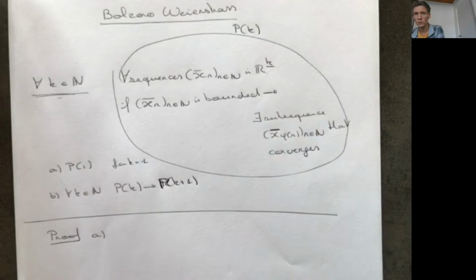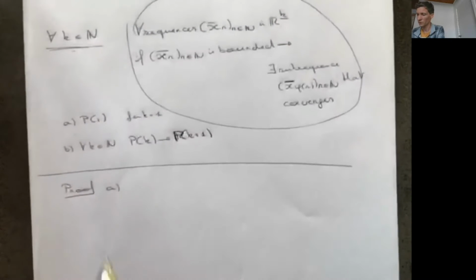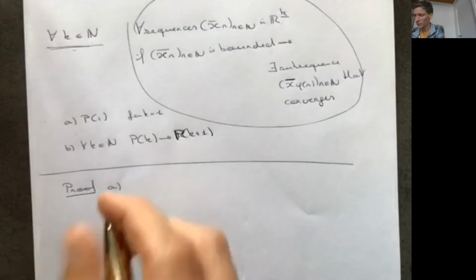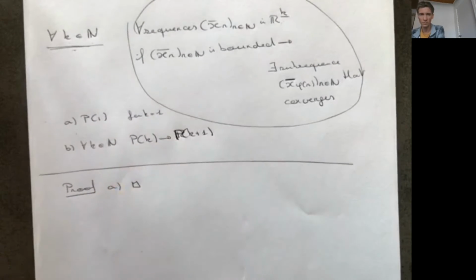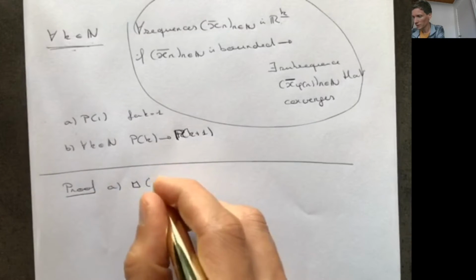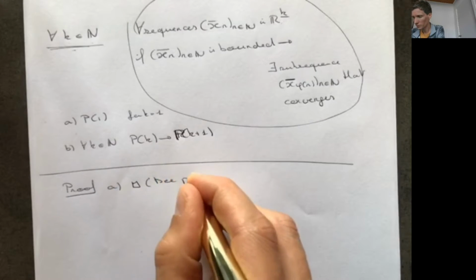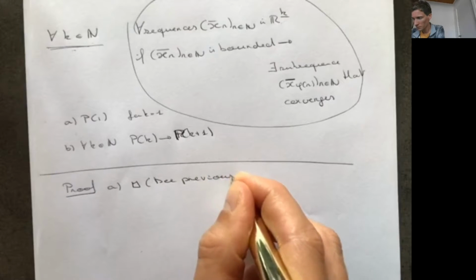But we already know that this is true because we proved Bolzano-Weierstrass for sequences of real numbers. If k is equal to 1, then we have a sequence of real numbers, and for this we already know that every bounded sequence has a convergent subsequence. So A is basically done. We already proved this in the previous lecture.